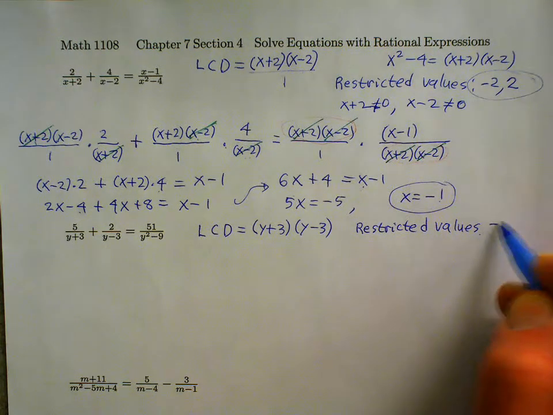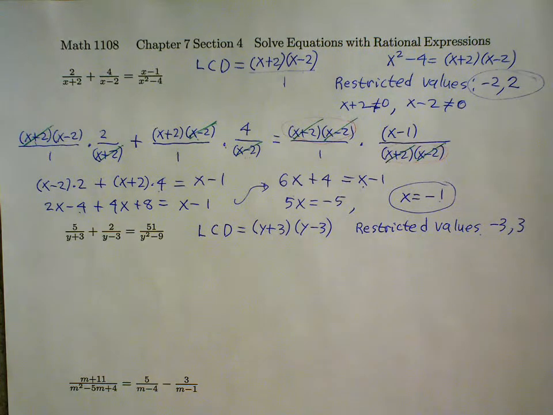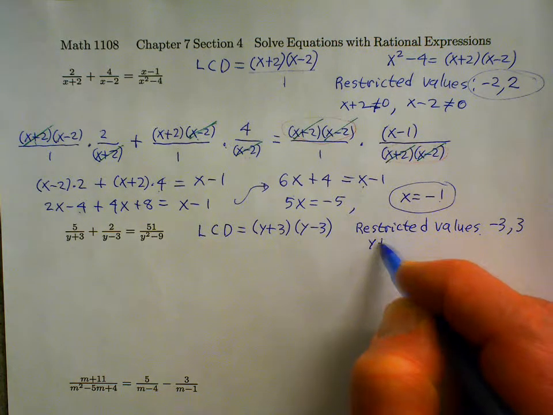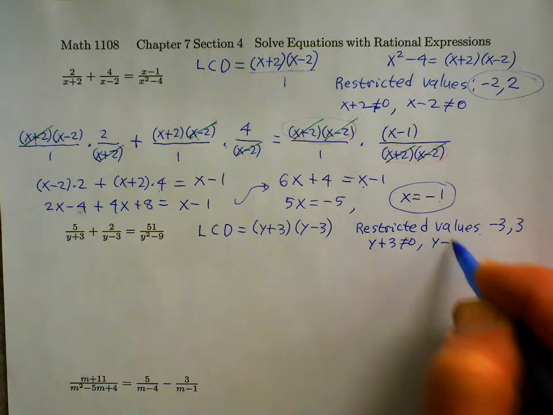Yeah, negative 3 and positive 3. So a y value that makes a denominator 0 is called a restricted value. And the restricted values come from the fact that the denominator y plus 3 cannot be 0, and the denominator y minus 3 cannot be 0.